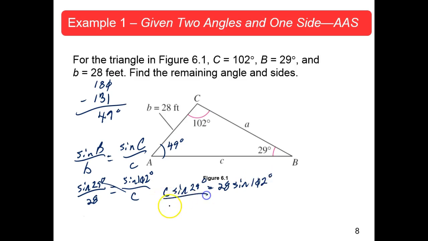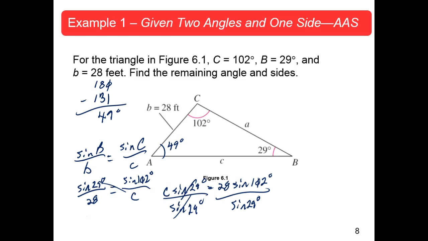And then divide both sides by sine of 29 degrees. I usually like to go on and set it up this way and just do one calculation. And that will give you C.